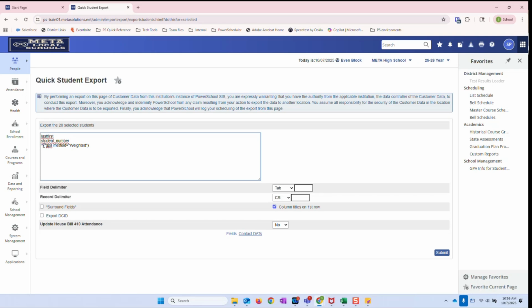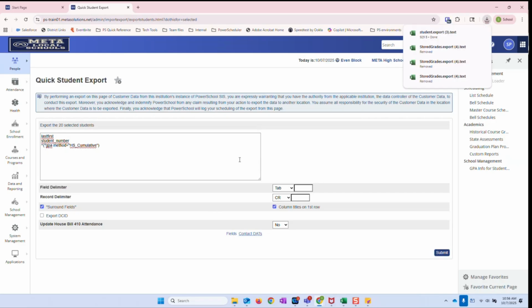So this caret, parenthesis, end parenthesis here, and then we're going to pull high school cumulative. All the information I want right now is my student's last, first name, student number, and I want to pull that GPA method for their high school cumulative.